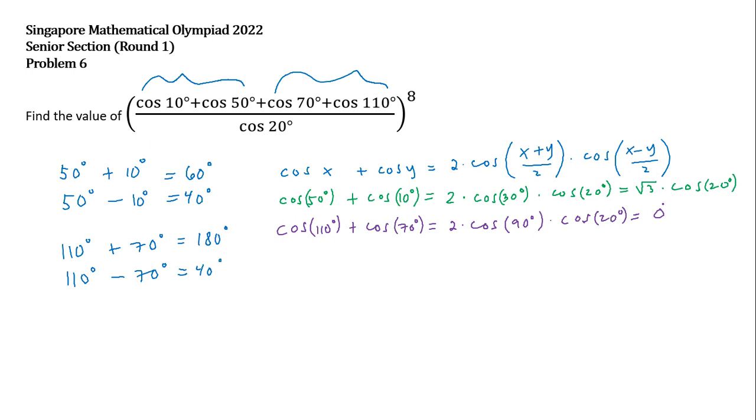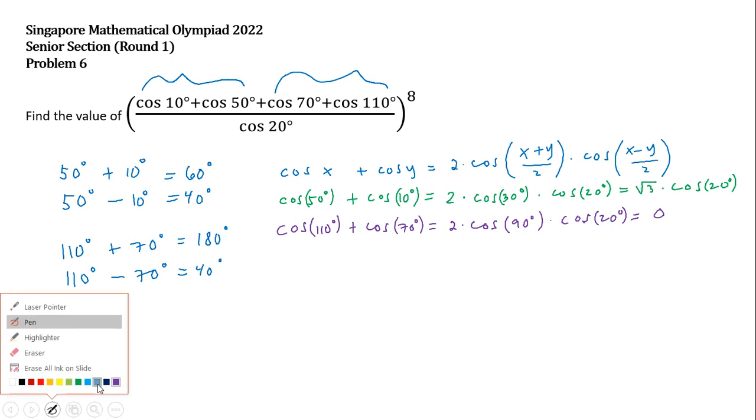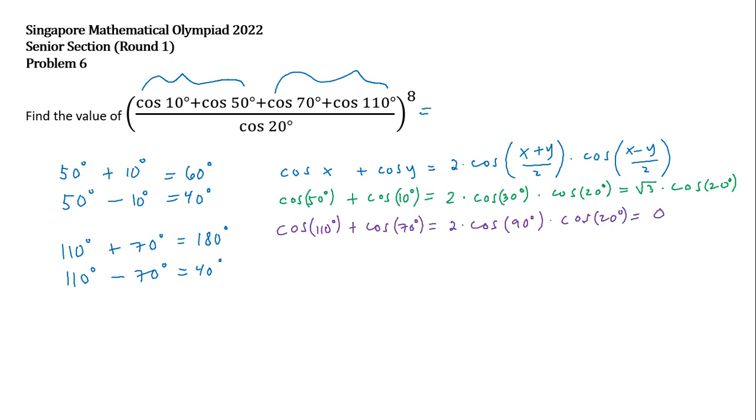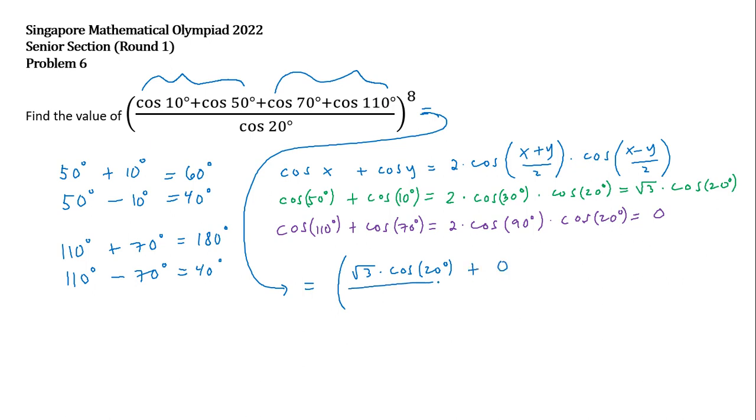So if cosine 50 degrees plus cosine 10 degrees is equal to square root of 3 times cosine 20 degrees, then our given expression, so I'll just write it here at the bottom, becomes square root of 3 times cosine 20 degrees plus 0 divided by cosine 20 degrees.